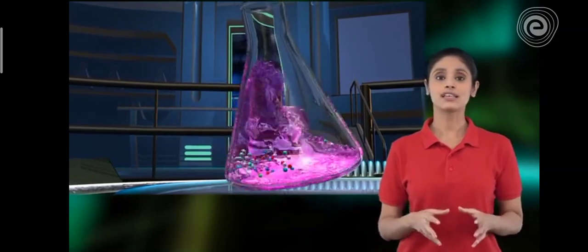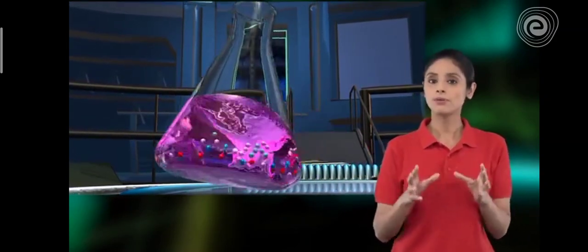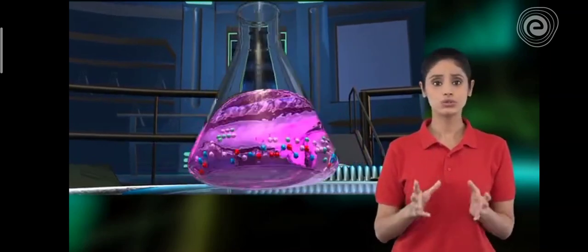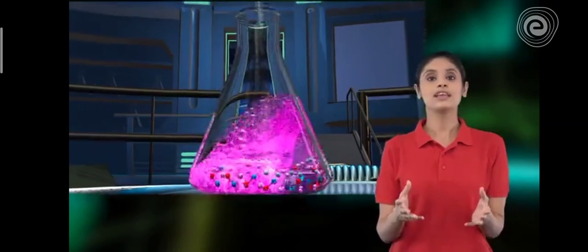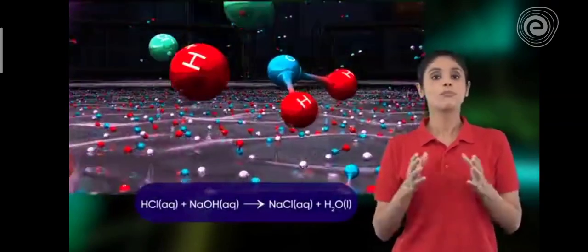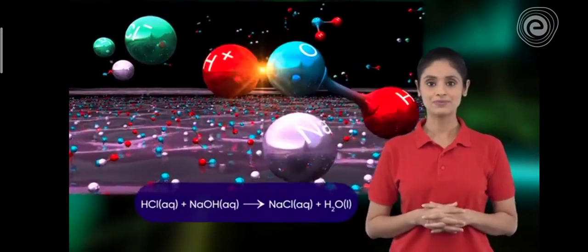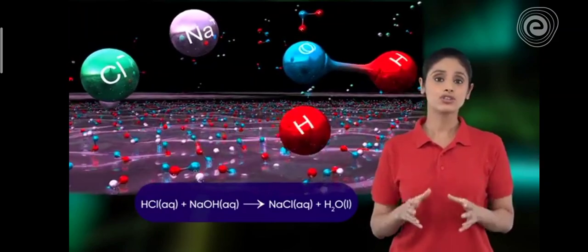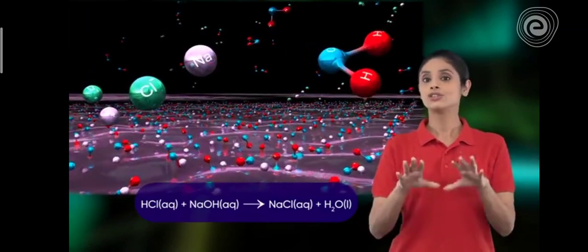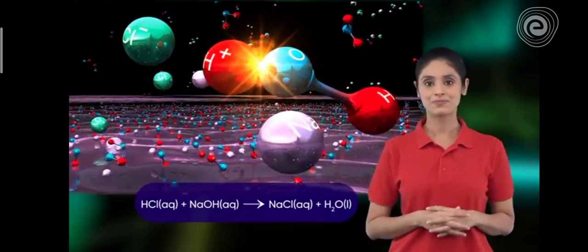The conical flask is agitated continuously to ensure a proper mixing of the two solutions. As acid gets added to the NaOH solution, more and more salt and water are formed. The concentration of the NaOH goes on decreasing due to its neutralization by HCl.